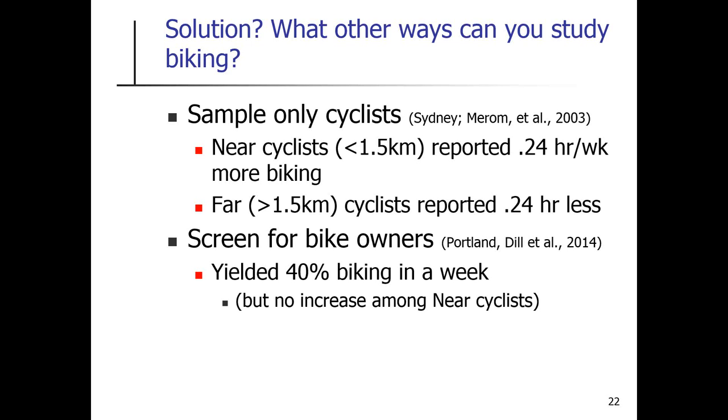You can also screen for bike owners to increase the likelihood that you'll get biking in your study. Jennifer Dill did this and found an amazing 40% of people biking in a week as measured by GPS. Unfortunately, there was no increase among near cyclists near a new greenway.